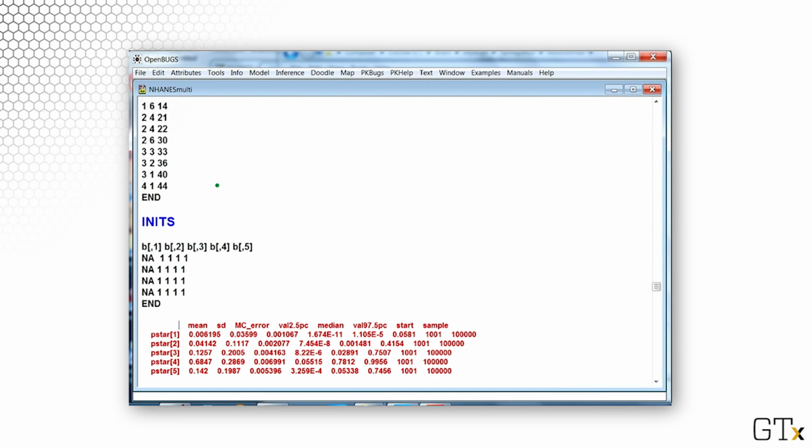So let's take a look at the results here. Here we got, for the new subject that has covariates 3, 3, and 30, I believe, the probabilities of the 5 categories.